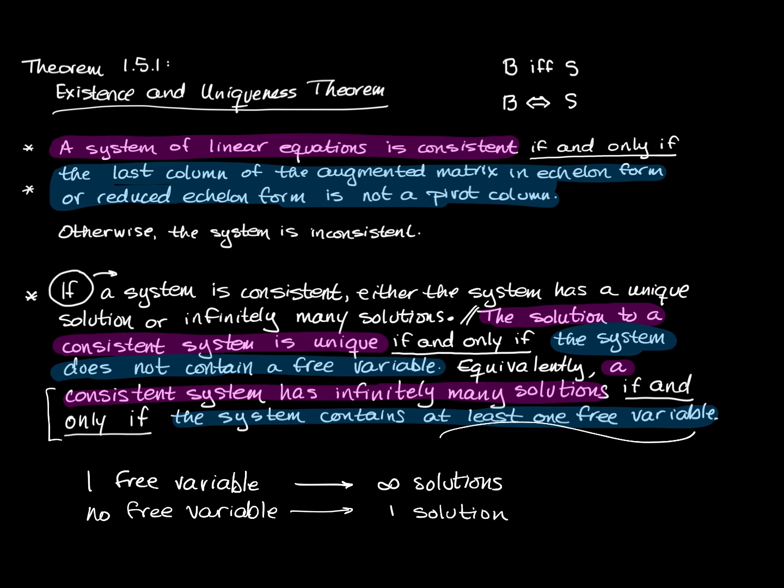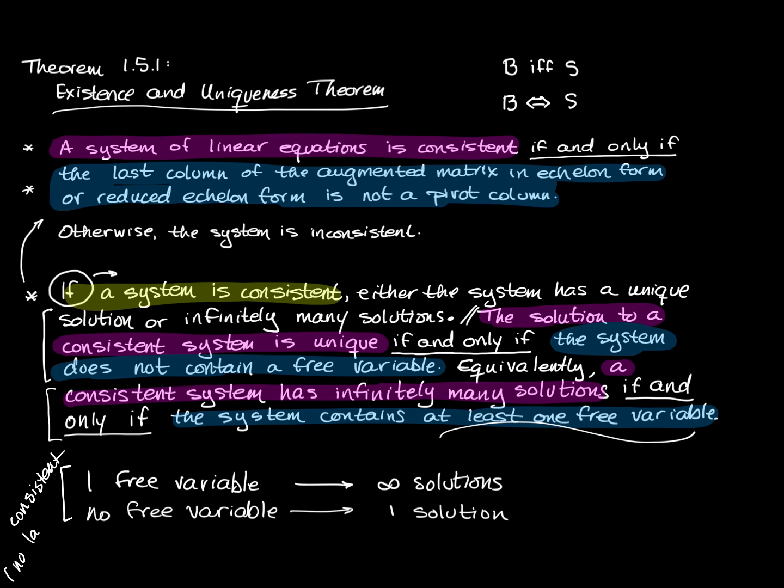But notice that these both came from the second statement here. And the second statement says, if a system is consistent, right? So I also know that these are for a consistent system. And how do I know it's consistent? I go back up to this statement up here. It's consistent as long as the last column is not a pivot column.